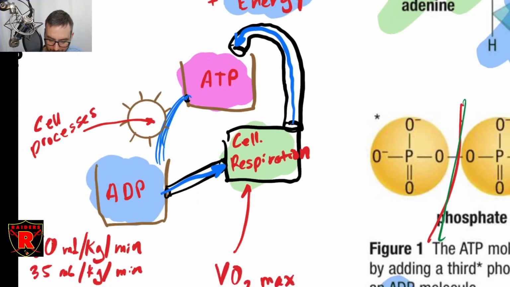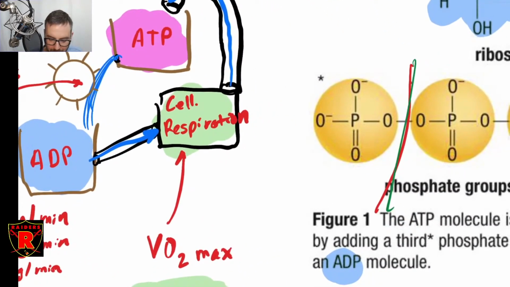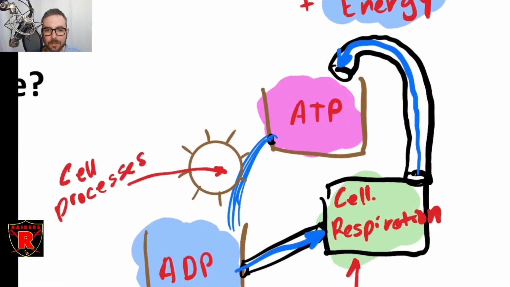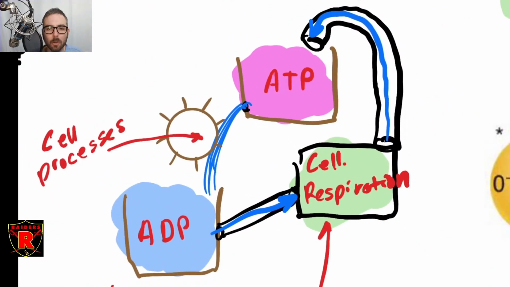This is a great metaphor for talking about capacity here, because how much ATP you actually keep in your cells, the actual volumes of these tanks, is your buffer. That's how much ATP you actually have inside of your cell and how much ADP you have inside of your cell. That's the buffer.